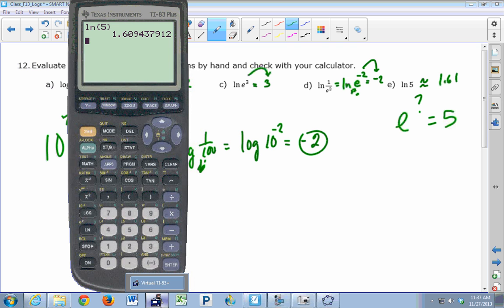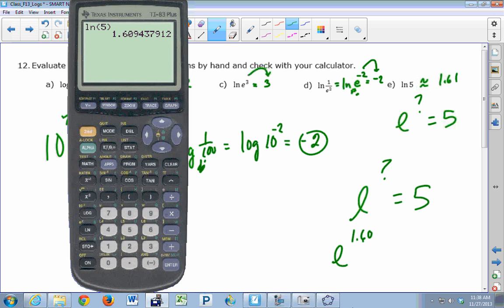Okay, but if you wanted to check this, what button would you use to check it? To check the natural log function, what would you use? Because we got e to what power gives me 5. So this is how you check it, right? Here's your answer. We're saying e to the 1.609437912, and this goes on forever, is equal to 5.